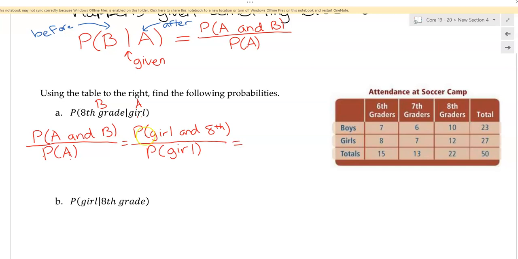The probability of girl and 8th grade. Being a girl and being in 8th grade. They cross right here at the 12. All over. This is a fraction within a fraction. The probability of a girl. Well, there are a total of 27 girls.